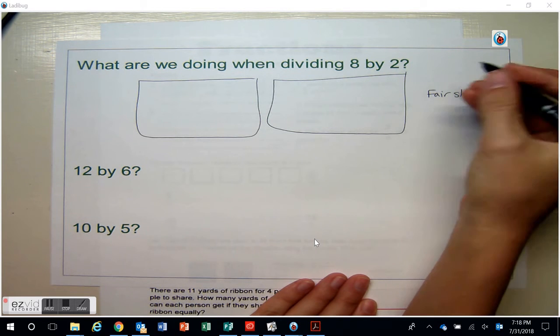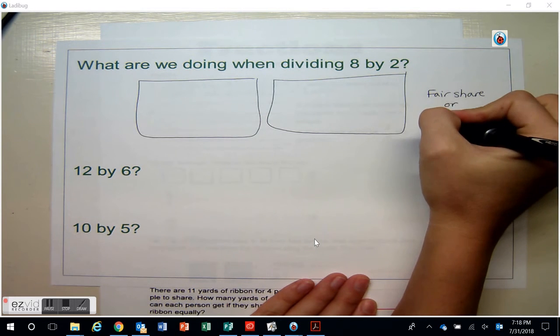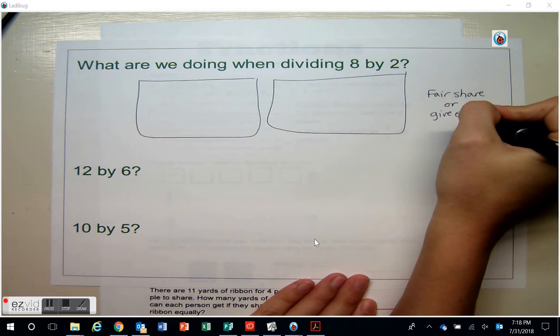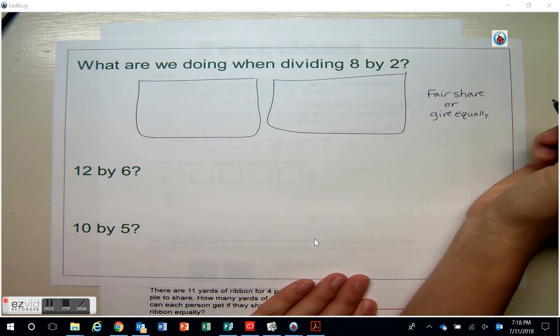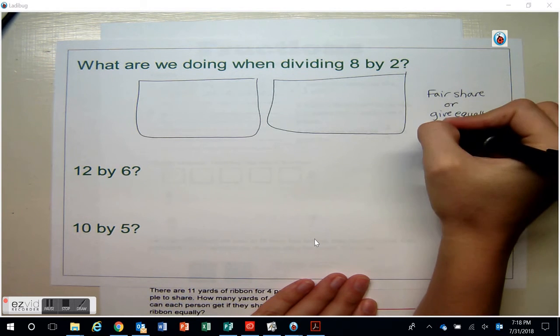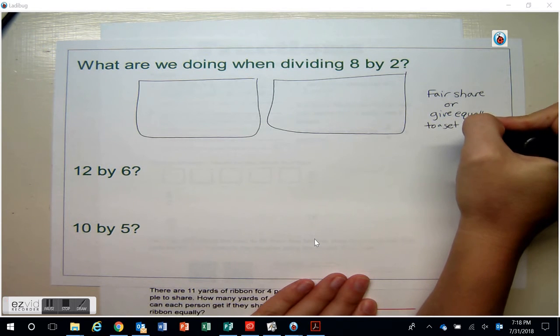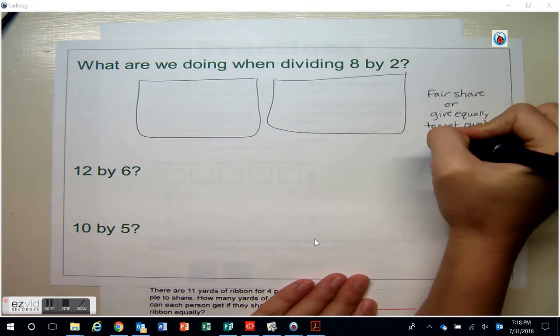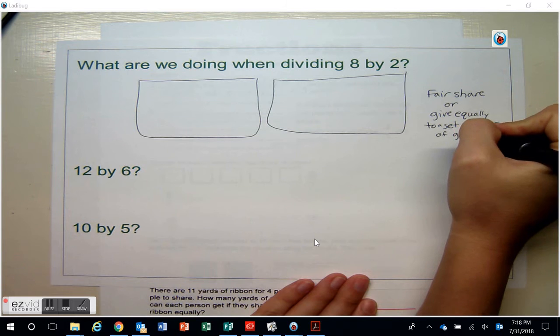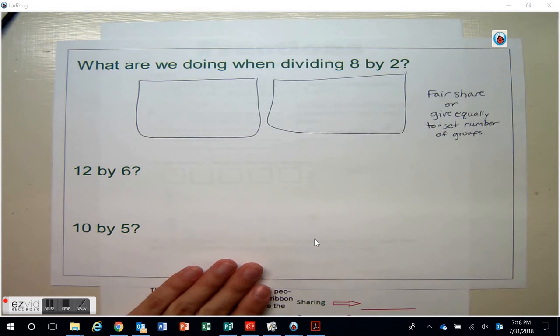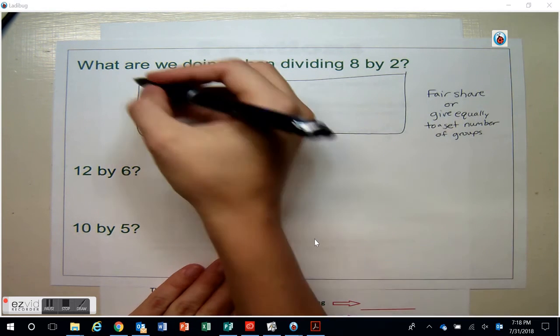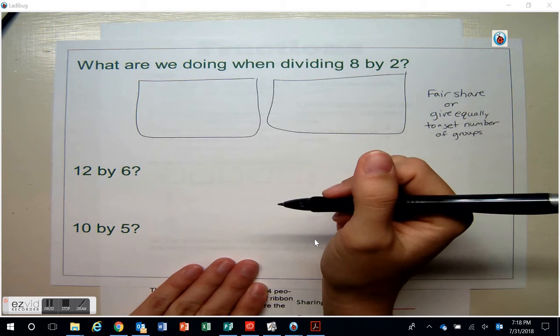But what if instead of having just 1 pizza, we had 2 pizzas or 3 pizzas? How would that problem change at that point? Well, let's look at something a little different for a second, something maybe a little familiar to us. What are we doing when we divide 8 by 2?